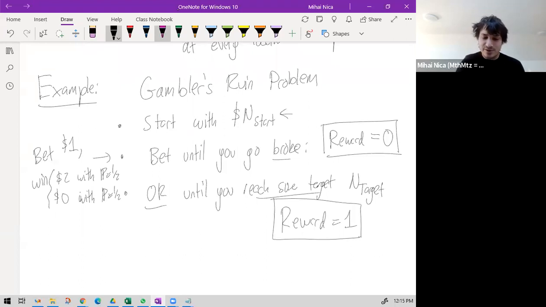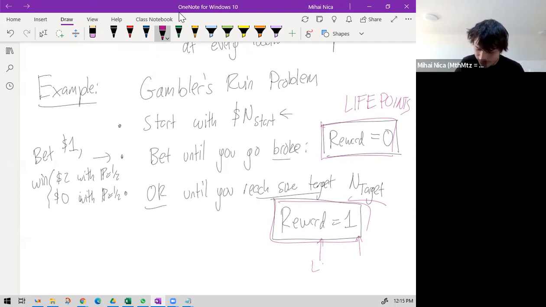But we're layering on this new idea of the rewards. So if you go broke, you get $0. If you reach the final N target, then you get $1. Or not $1. The rewards are different than dollars. These are life points. I'm gonna call them life points. So you get 0 life points if you're broke. And you get 1 life point.